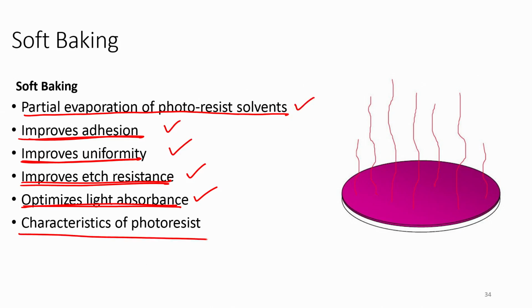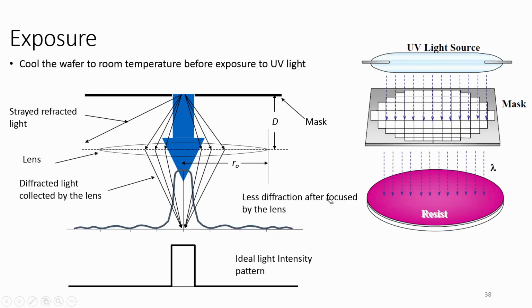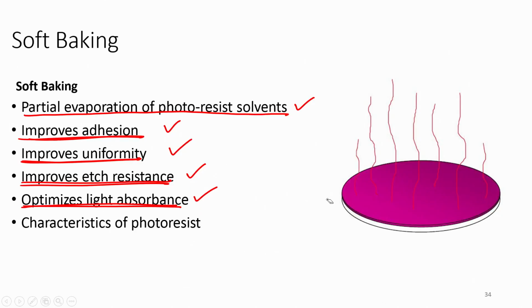So, characteristics of photoresist can be defined depending on whether it is a bright field photoresist or a dark field photoresist, and also what kind of mask you use. So, now we know the advantage of performing soft baking.